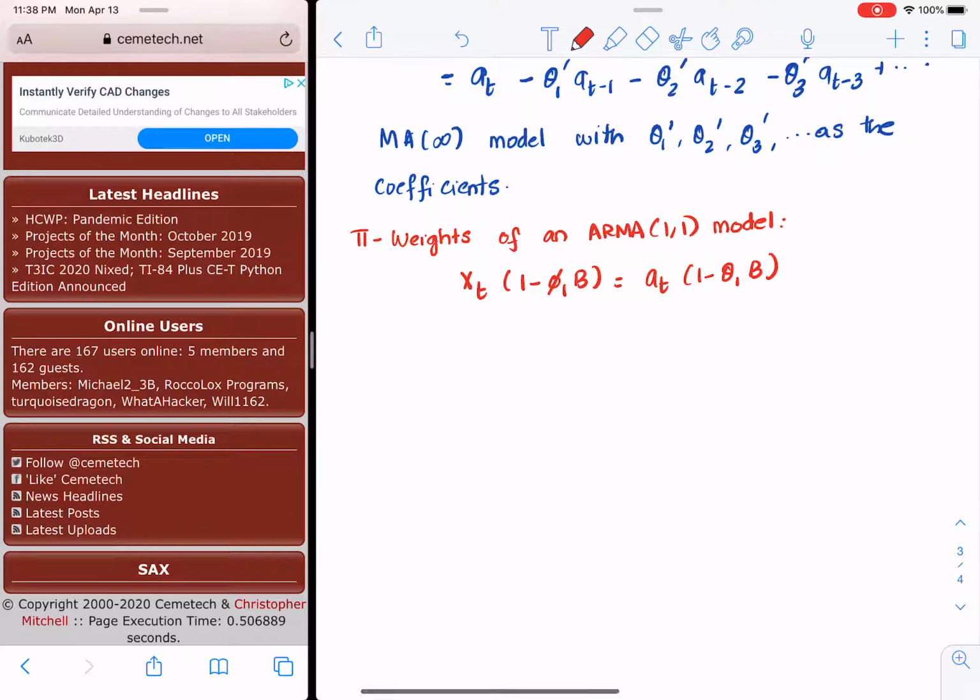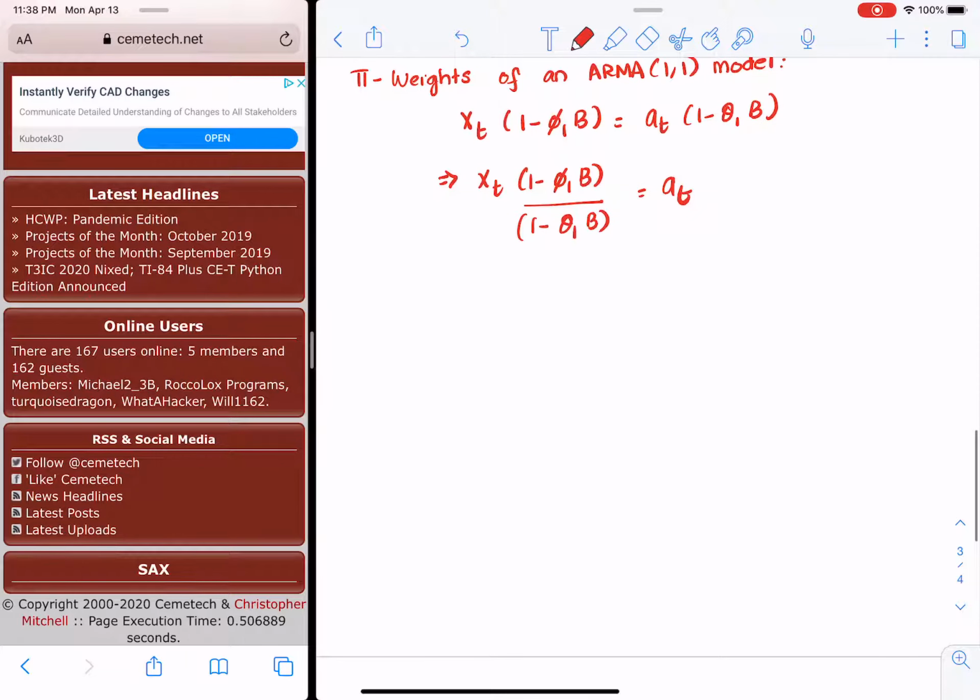I could rewrite this as x sub t times (1 minus phi1 B) divided by (1 minus theta1 B) equals a sub t. The condition here is that we require the absolute value of theta 1 to be less than 1, which guarantees something called invertibility.